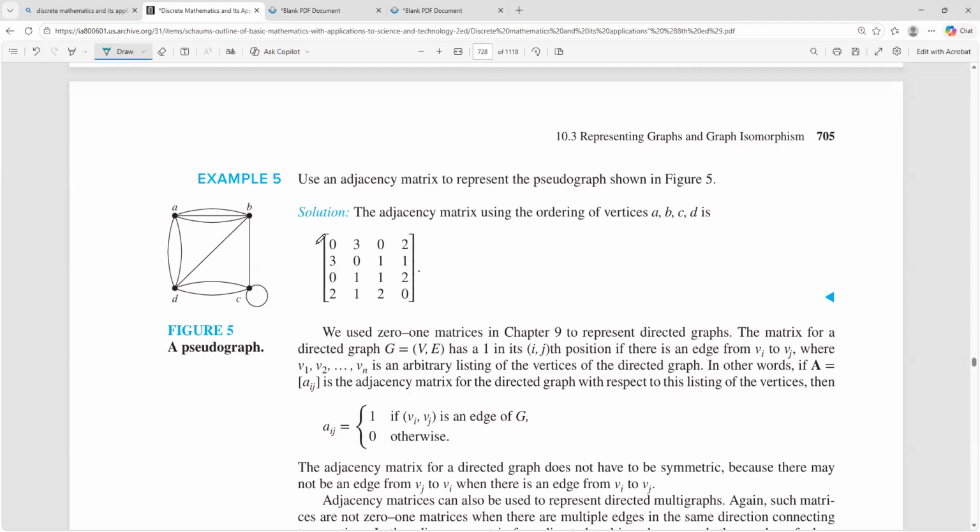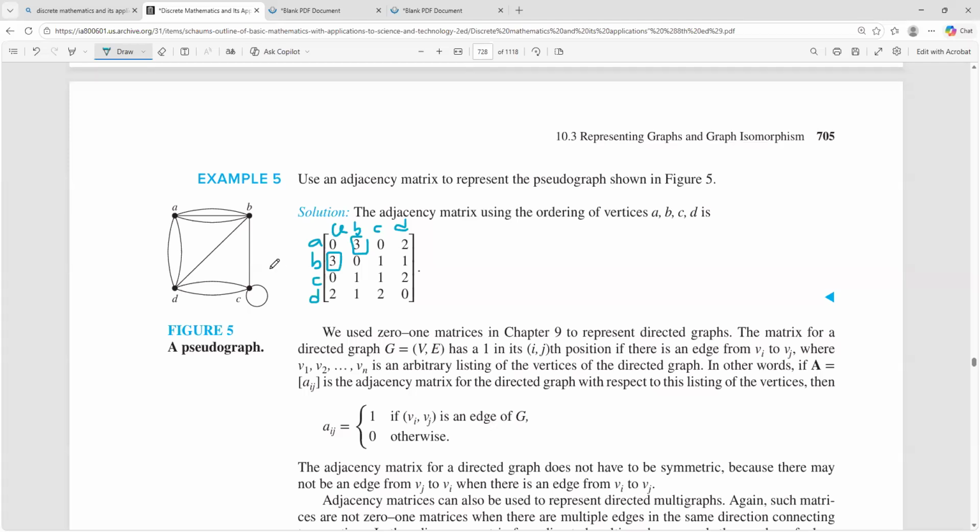So A, B is 3. And same thing, because there's no direction, B to A is also 3. Okay.